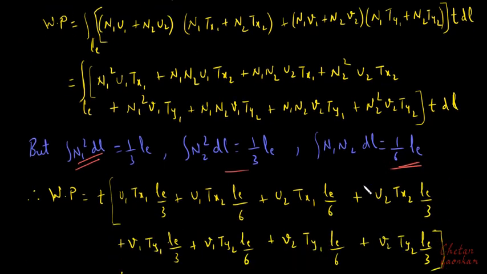So finally, wherever there is integration of N1 square, wherever there is integration of N1 N2, or wherever there is integration of N2 square, if I go on substituting, I'll get this as le by 3. I will get this as le by 6. Here also le by 6. Here it will be le by 3. Again here it will be le by 3. Here it will be le by 6, and here it will be le by 3. So that is what has been substituted here.